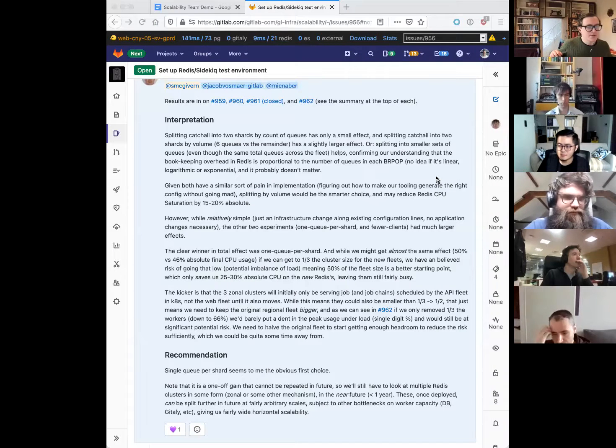Oh, I can share my screen for that, I guess, and then we can all read along together. So basically, we had a couple of speculative ideas, but the basic two options we figured we had, both of which require a reasonable amount of effort, are what we were calling Sidekick zonal clusters. I think essentially that's sharding.